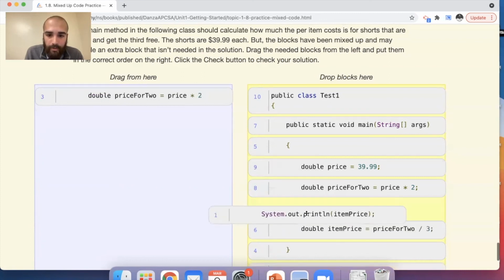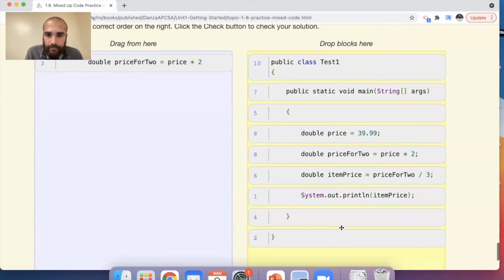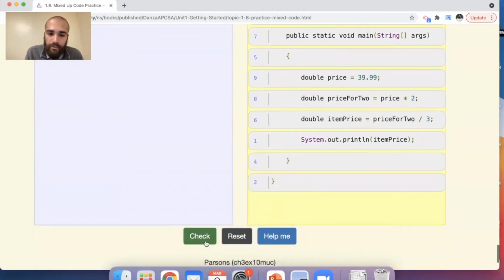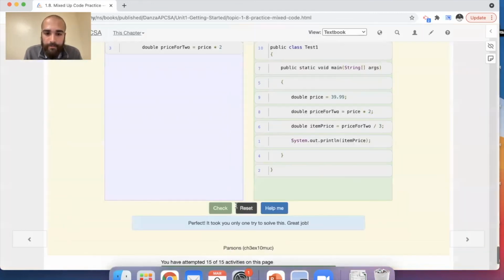And then I'm just going to print it out. All right, open class, main method, open curly brace, declare and initialize the price, multiply the price by 2. Once I've multiplied it by 2, divide by 3 because I'm getting the third one for free, and then find the per item price. Check it, got it right.